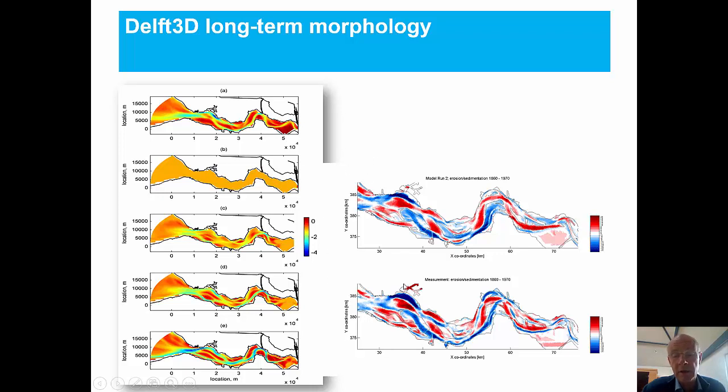And this is a case where we did a 110-year hindcast of bottom changes on a scale of plus to minus 25 meters, and you also see an astonishingly good agreement.